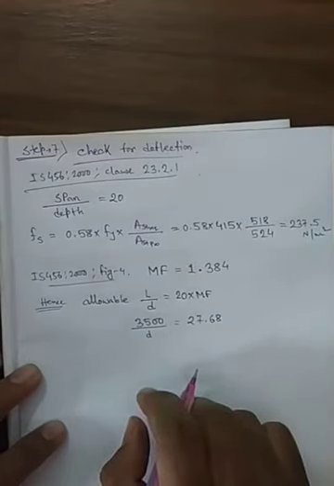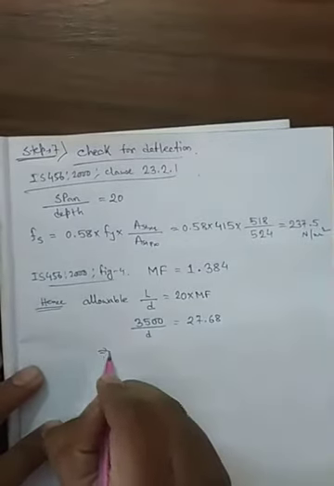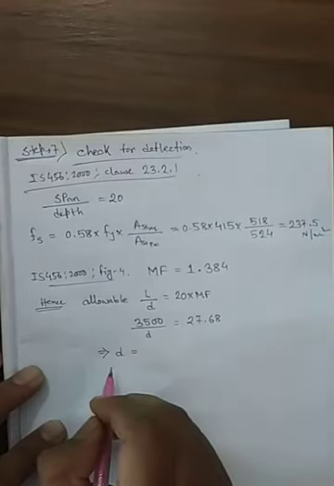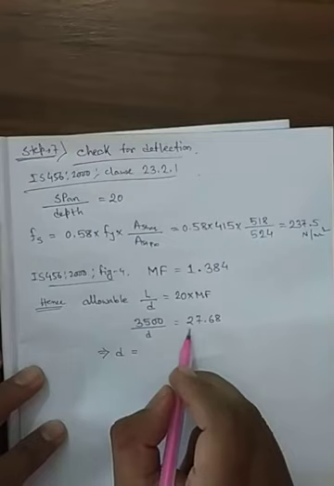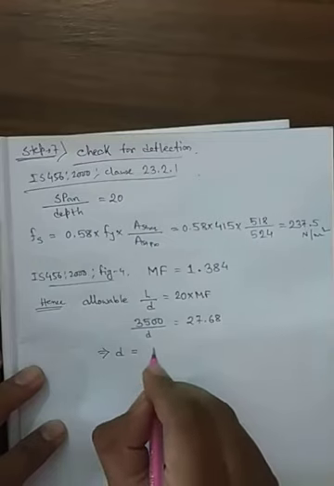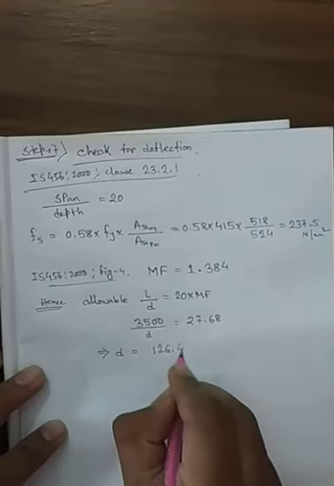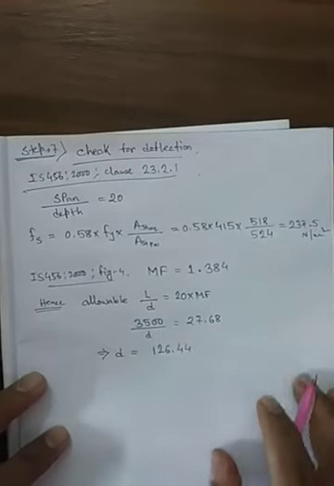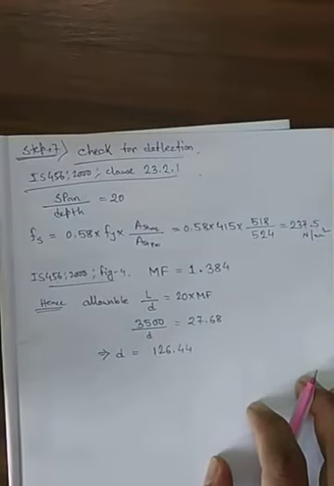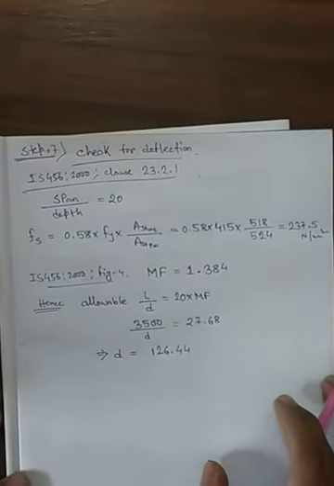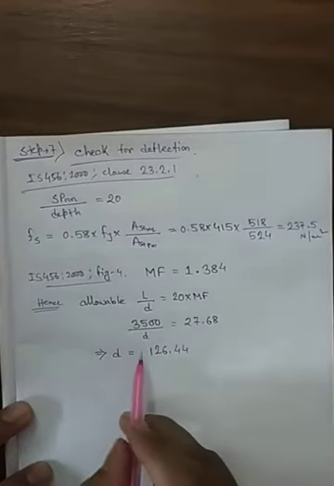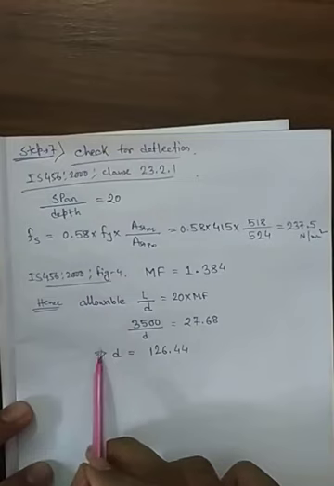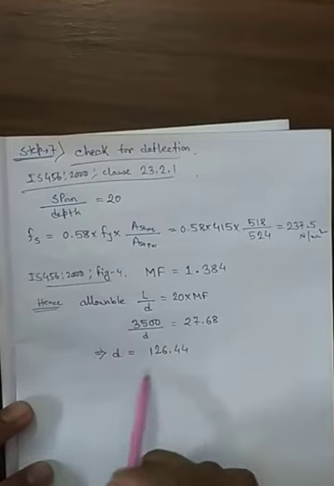So the value comes how much? We have to calculate our D value from here, and D value is 3500 divided by 27.68, that means the value is 126.44. Now we calculated this whole problem taking our effective D value as 140 and our allowable, that means our required D value is 126.44.